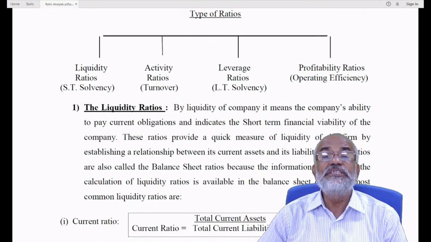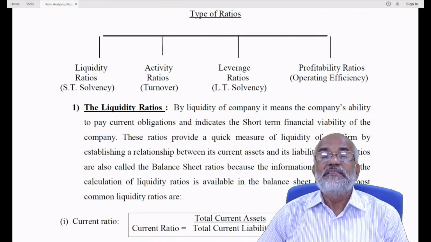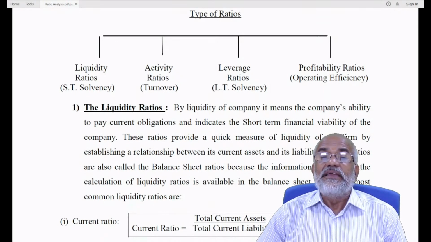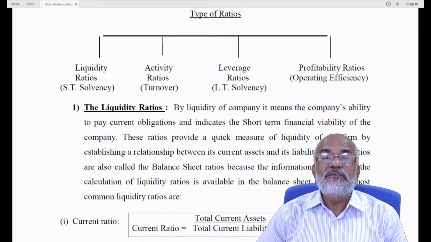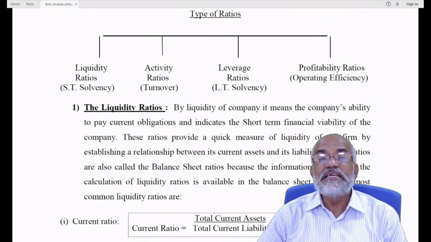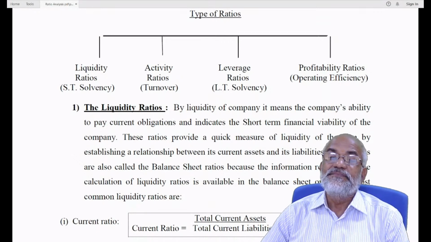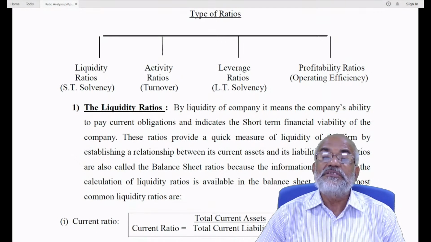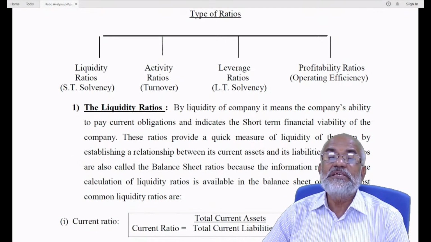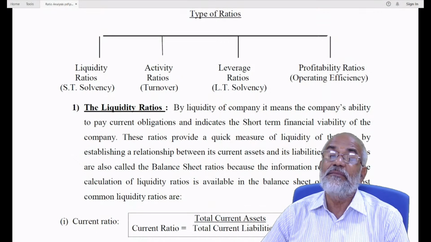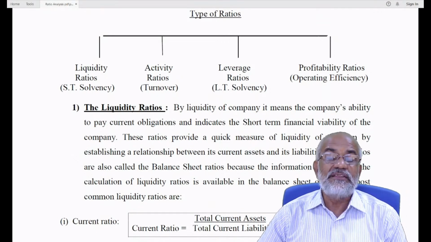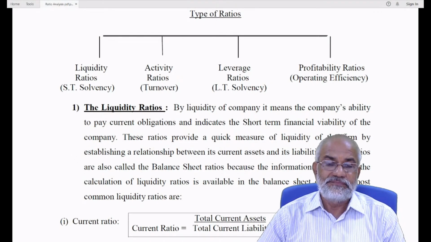The ratios coming under this category provide a unique measure of liquidity of the firm by establishing a relationship between its current assets and current liabilities. These ratios are also called balance sheet ratios because the information required for the calculation of liquidity ratios is available in the balance sheet only. The most common liquidity ratios are, the first one, the current ratio.